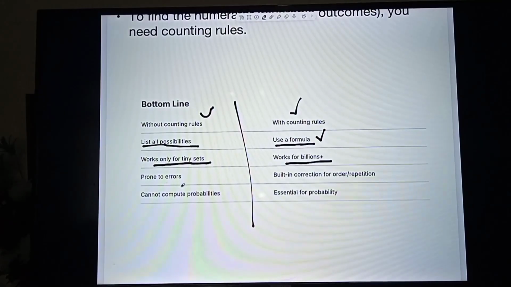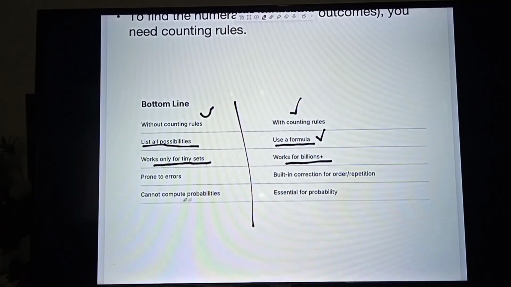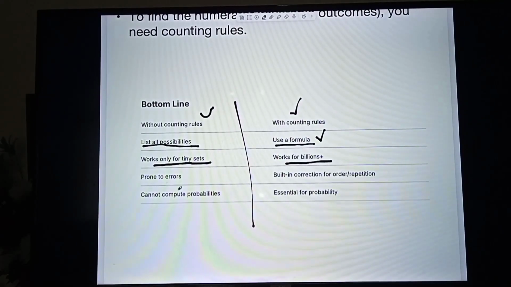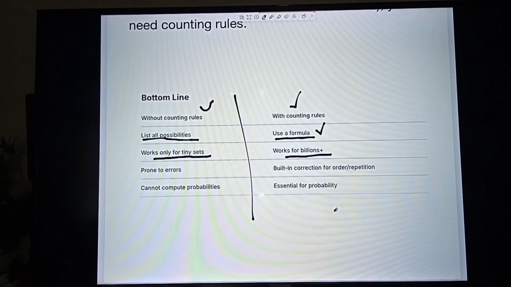Without counting rules you can make mistakes, but with counting rules there is built-in correction for order or repetition. Without counting rules it's difficult to find probabilities, but counting rules are the essential tool for probability.